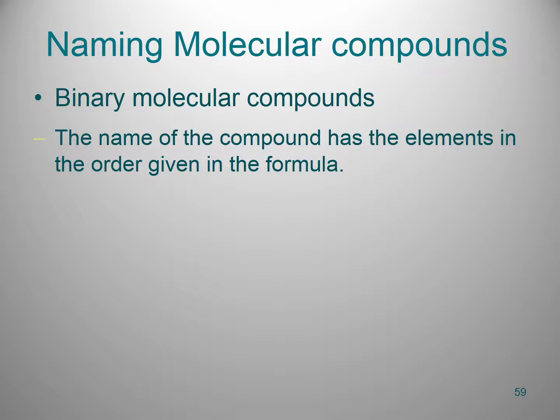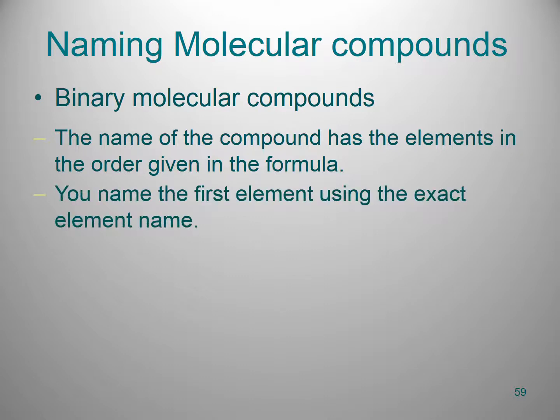So for the name of a binary molecular compound, you still name them in the same order that they're given in the formula. You always name the first element using the exact element name, and so far that's what we've been doing, like sodium chloride. But in this case, it may get a little bit mixed up because you've got two nonmetals, so they may be in a different order.